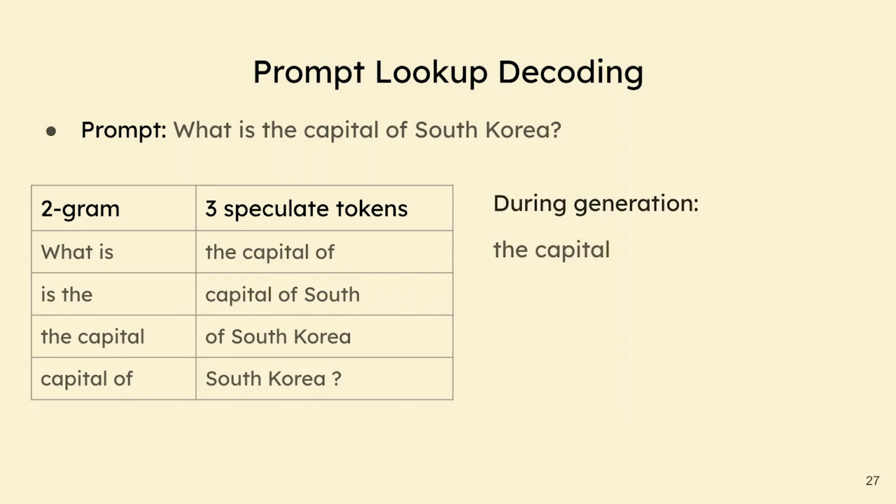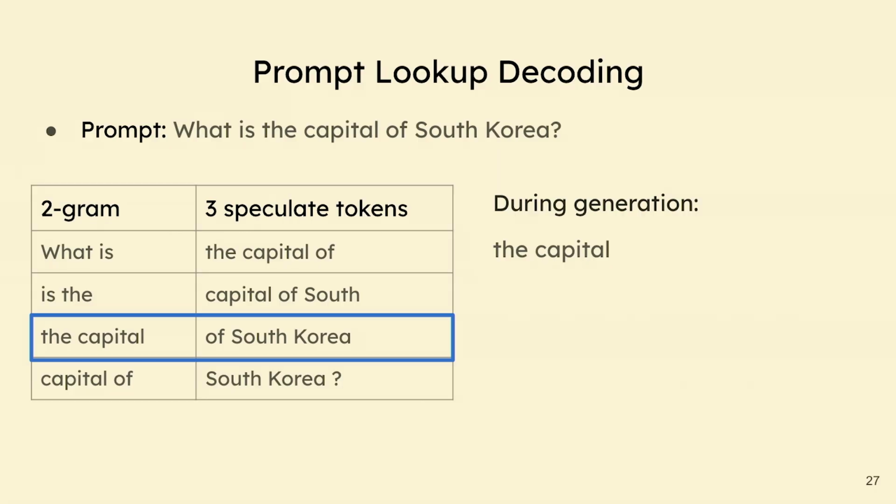During the generation phase, when we see a 2-gram, like "the capital", we look it up in the lookup table, and if we find a match, we propose tokens based on the value stored in the lookup table. In the example here, we find that "of South Korea" might be the following tokens, and luckily they are all guessed correctly. So in a single forward pass, we generate 3 tokens.